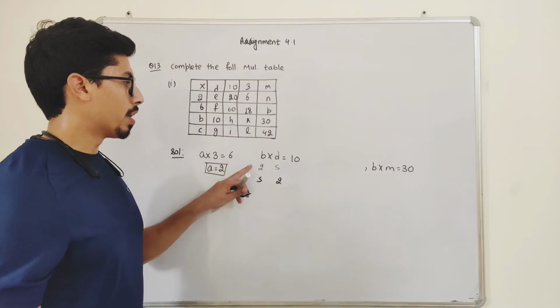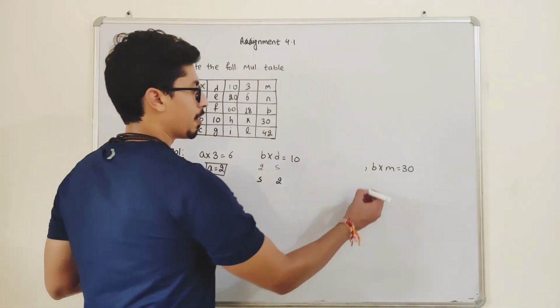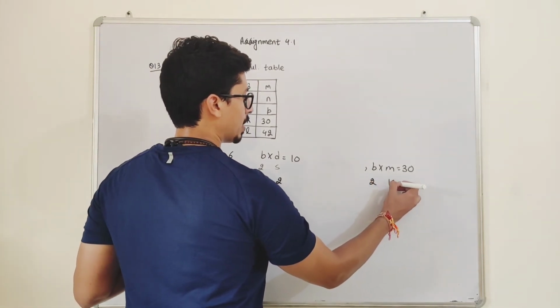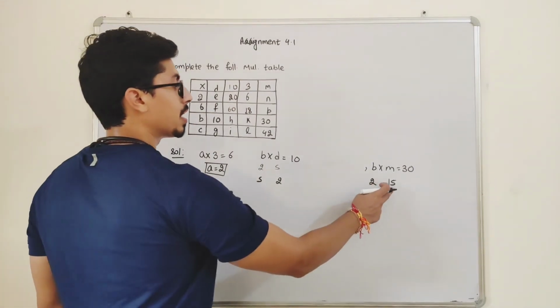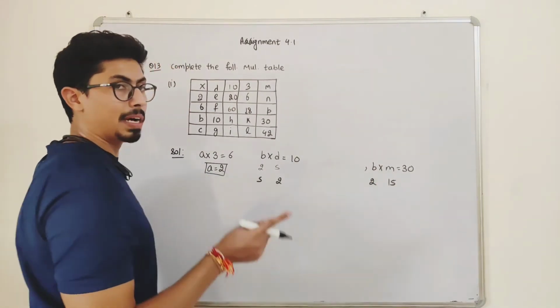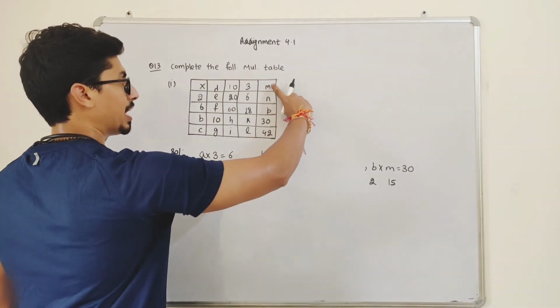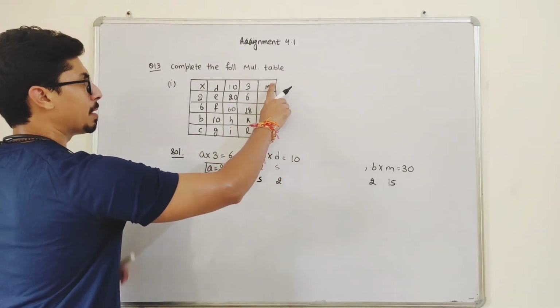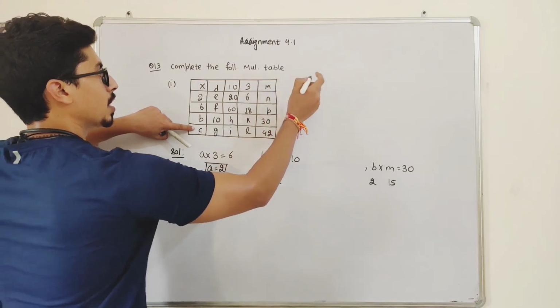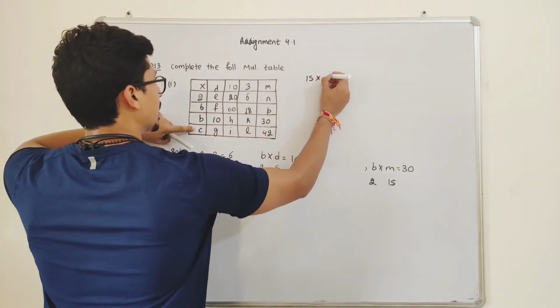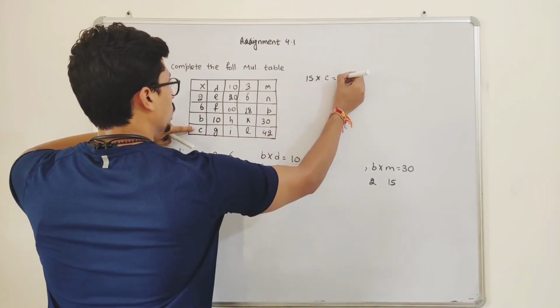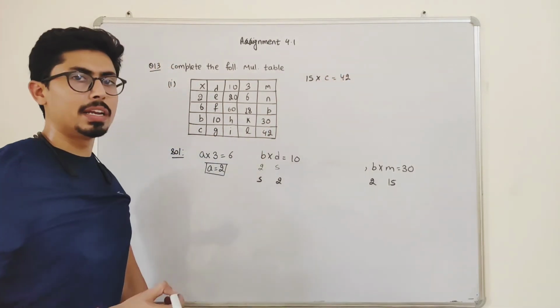Okay. Now, if B is 2 students, then M will be 15, because 2 into 15 is 30. But if I take 15 here, then 15 multiplied by this number C is equal to 42, and C will come in fraction.